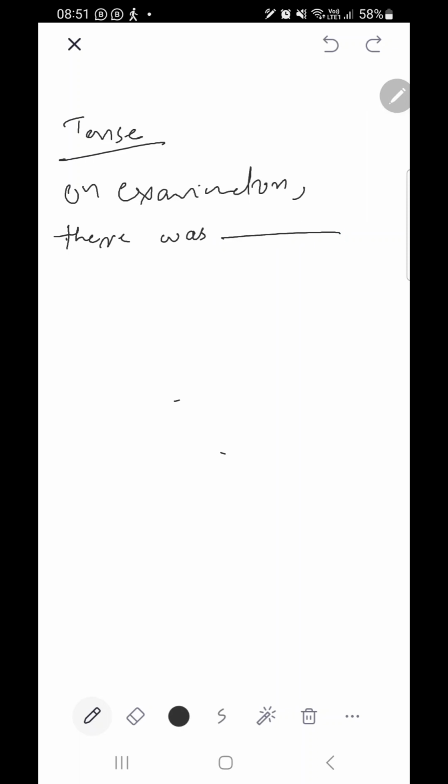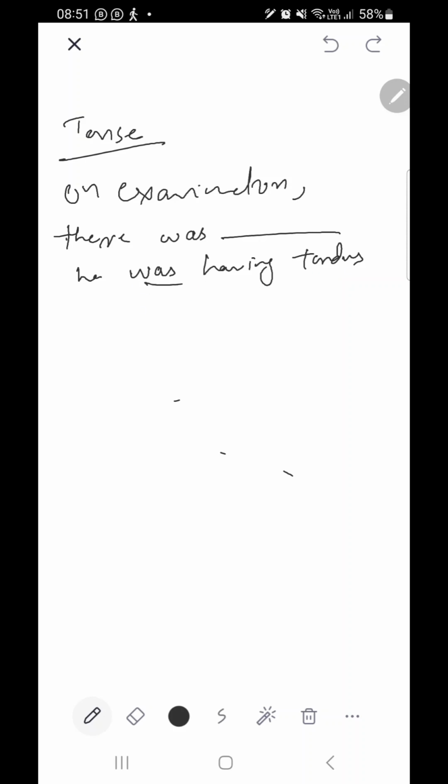Now, apart from that, we can use the past tense when you're writing examination findings, anywhere. For example, on examination, either in today's or past visit, he was having tenderness, let's say.